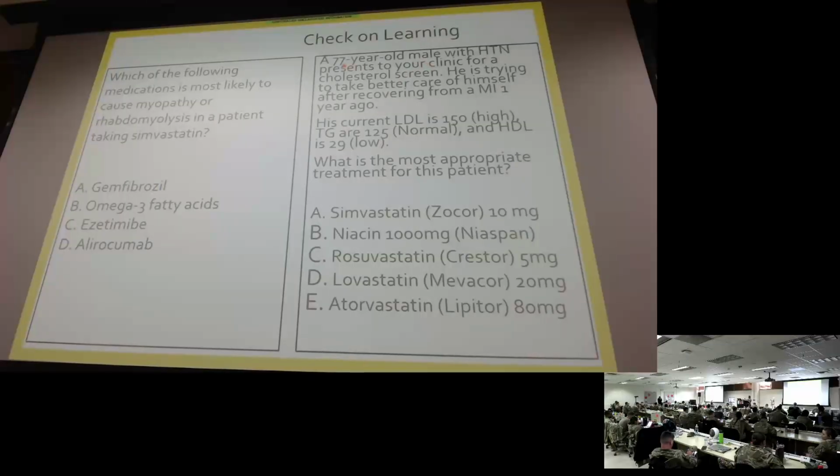A 77-year-old male with hypertension presents to your clinic for a cholesterol screen. He's trying to take care of himself after recovering from his heart attack a year ago. He has high levels of LDL. His HDL is low. His triglycerides are within normal limits. What are we going to do for this patient? So just make sure that we're looking at this. He has the recent MI.